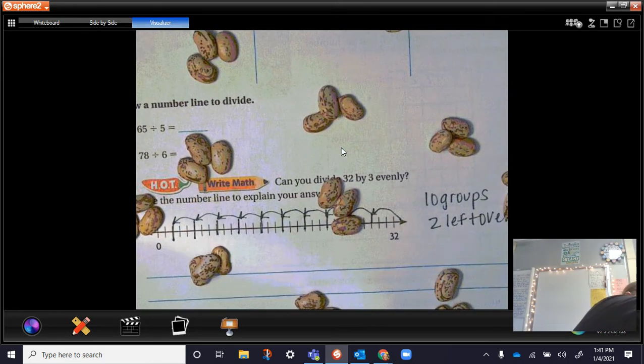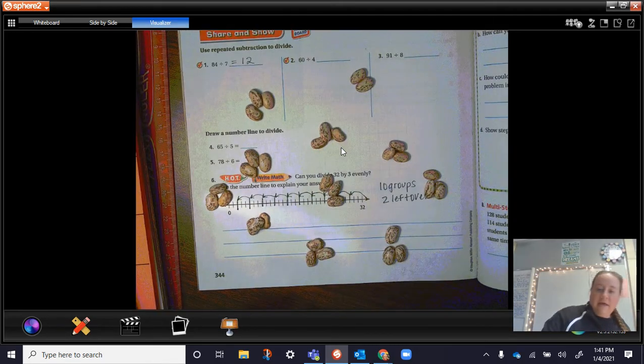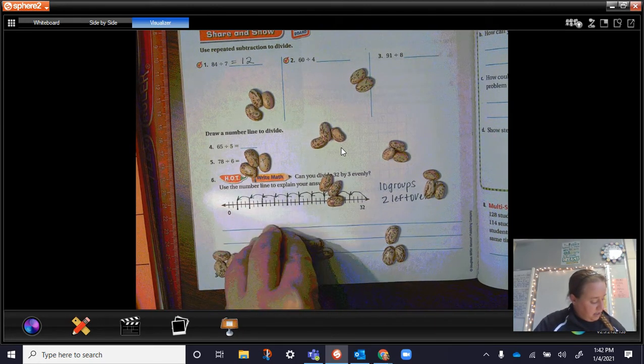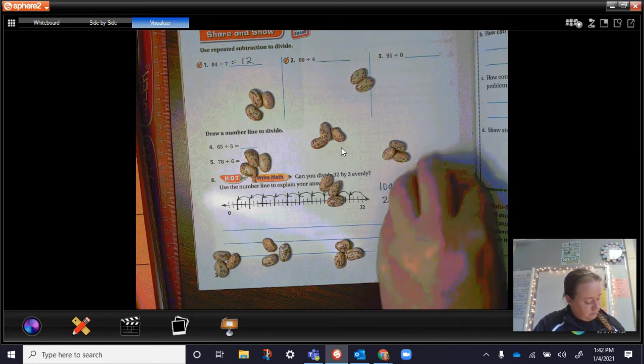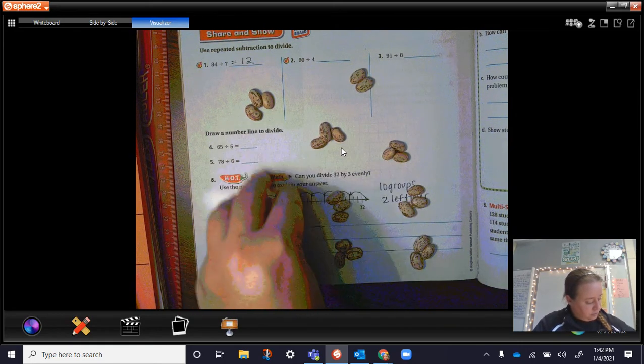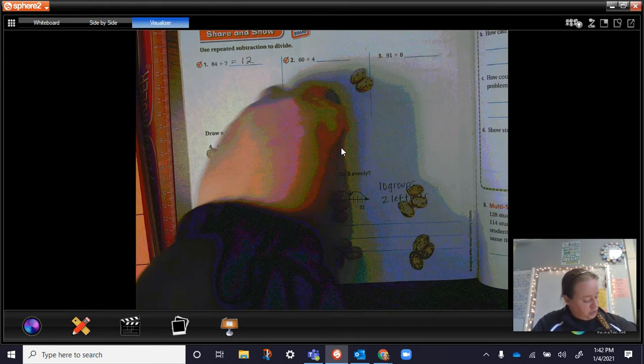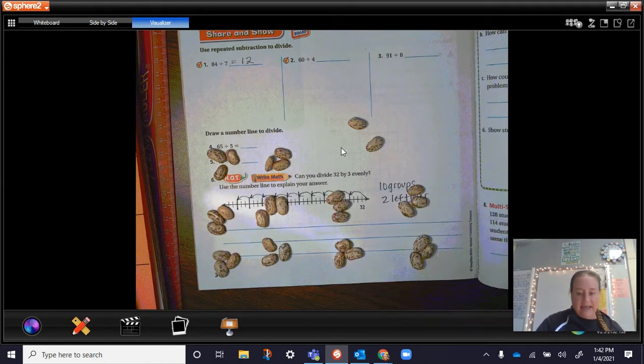So if I was able to make all these groups of 3, I can make 10 of them. So here's my 10 groups. But there are 2 that are left over that I can't make a group with.